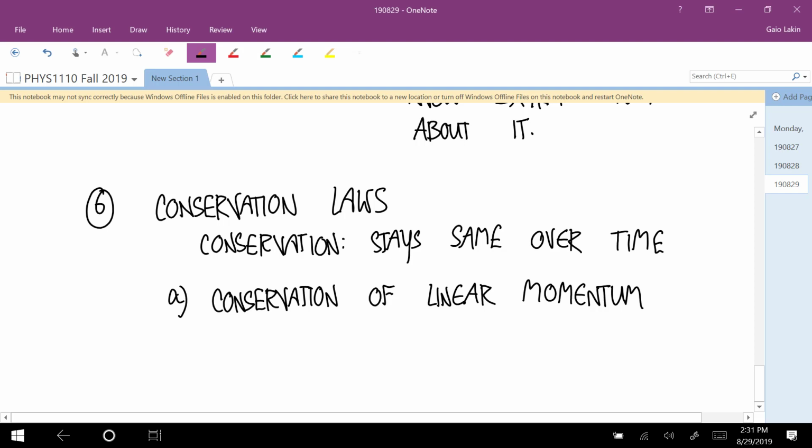We'll pretty much only use momentum in calculations for collisions and explosions. In this class, the only problems that I have in the practice problems are collision problems. So if you have two things colliding, you're going to want to use conservation of linear momentum. If you don't, you're going to want to use something else.